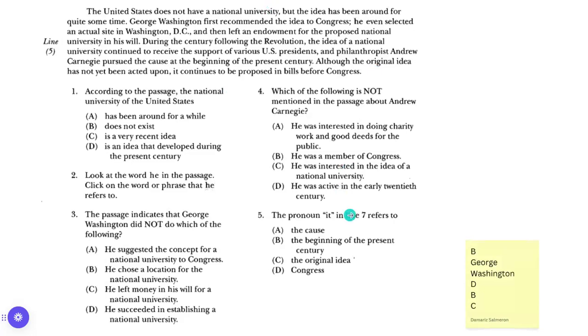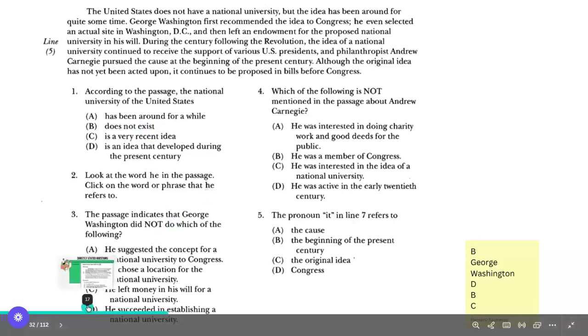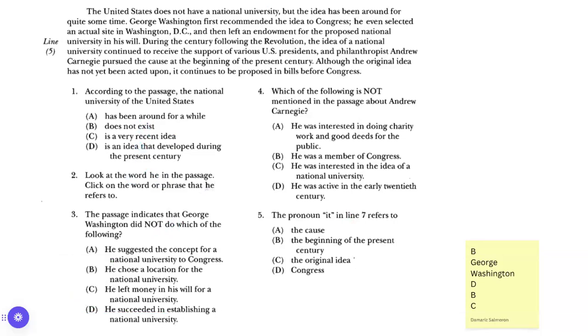And here are the answers. Number 1, B, does not exist. Number 2, George Washington. Number 3, D, he succeeded in establishing a national university. That is not mentioned. That is not true.